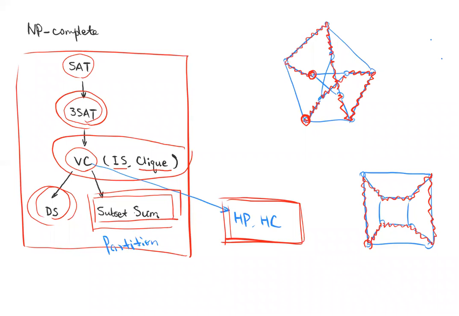That will make our task possible. Okay, so once we have these, that will give us another important way to prove a problem to be NP-complete. That is called restriction or generalization. This book says generalization, but usually we say restriction.